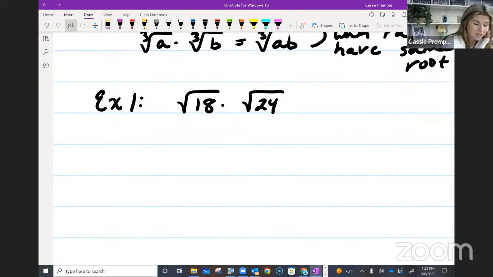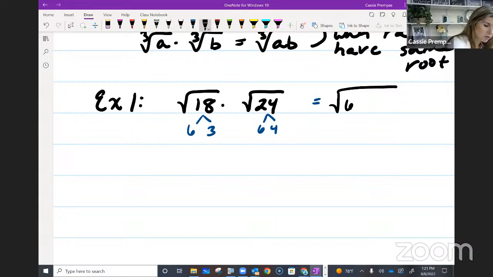And the first thing I would ask is, are there any common factors in 18 and 24? Hopefully you're saying, yeah, they both share 6. 18 is 6 times 3. 24 is 6 times 4. So rather than multiplying those out, I could just multiply it in factored form.